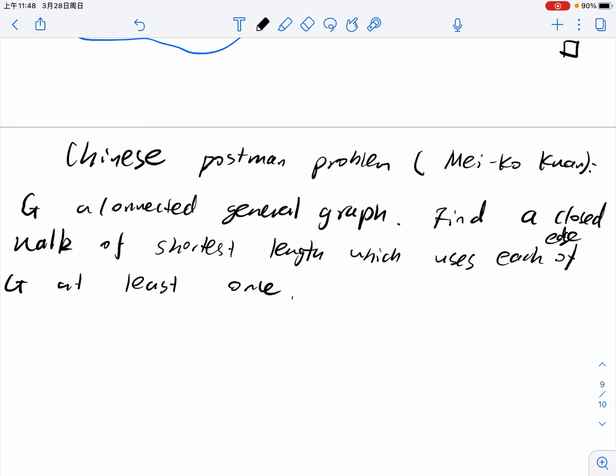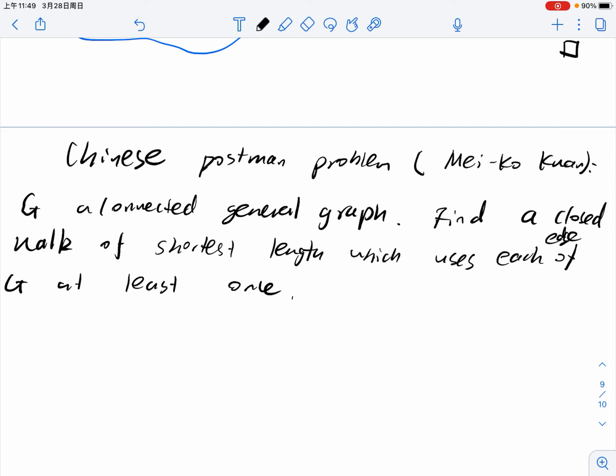once. So this is a problem that in general you may have the situation that the degrees of vertices of the graph are not even at all. You have a lot of odd degrees. Okay, but for a postman, you don't want to just break the trails into m over 2 pieces. You are required to, no matter how, go through every edge at least once.